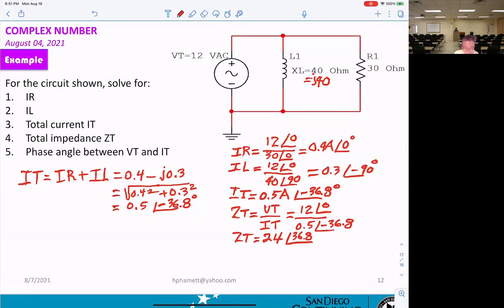However, between VT and IT, which one is leading? Voltage leads current by 36.8. Correct.